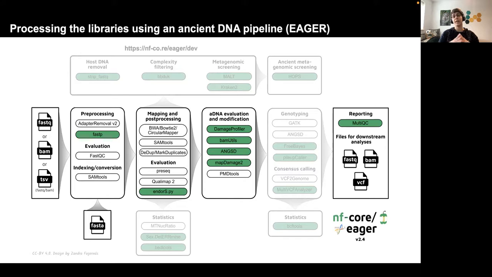It's constantly updated. It's relatively user-friendly, and it gives you a really nice summary statistic output at the end, which you can then look at for percent aligning to your reference genome, damage patterns, and other things that you need to say, well, this is a successful library, this is a successful sample or not.